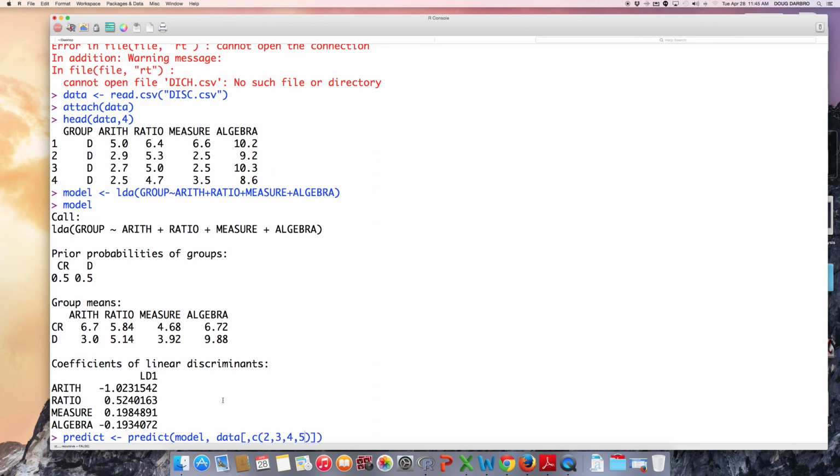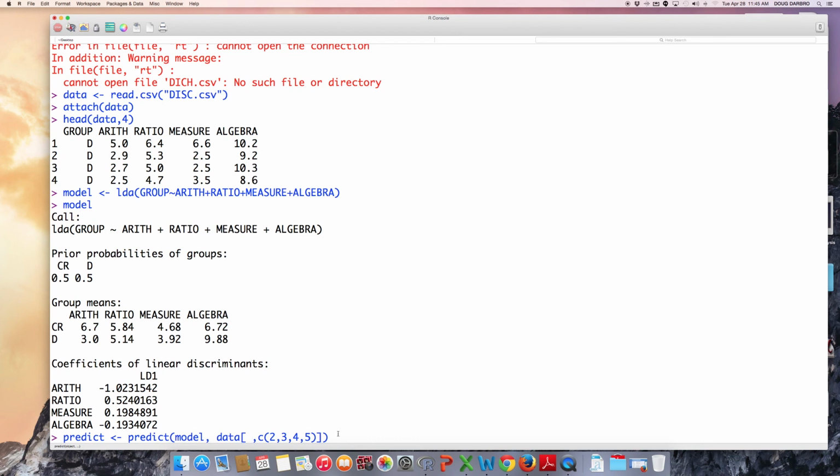Now what this does is when I go data with bracket, this first part before the comma allows me to select particular rows I want to look at. Well, I want to look at all the rows, so I should put a space there. The second thing allows me to choose the columns. Well, I only want to predict based on the arithmetic ratio measurement in algebra, so this is the second, third, fourth, and fifth columns.